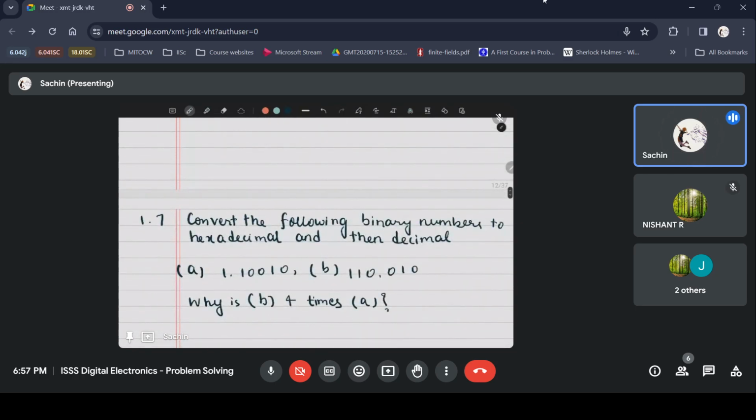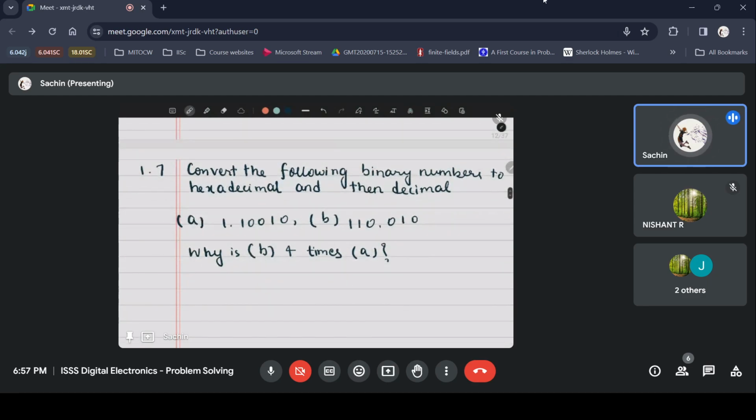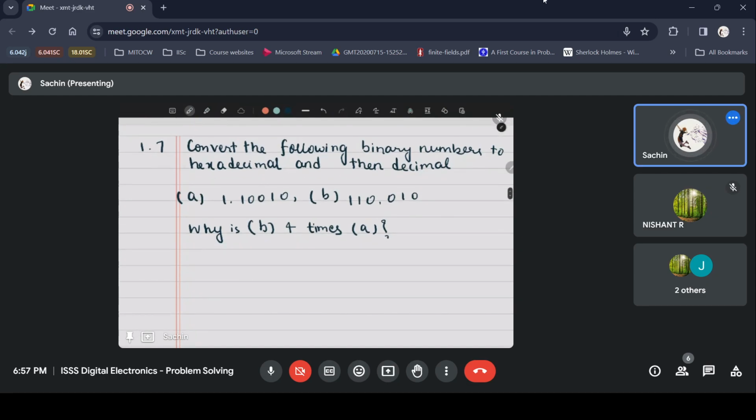Question 7. Convert the following binary numbers to hexadecimal and then decimal. Why is the number b 4 times the number a? So to convert to hexadecimal, we do grouping in groups of 4. So that's one group. Here you can write it out as 0001, but it's not really necessary.